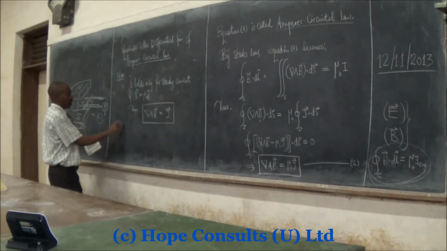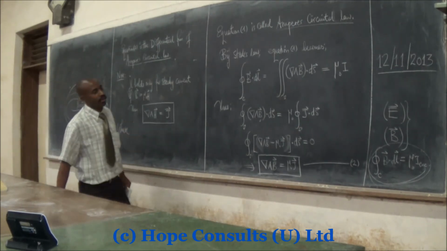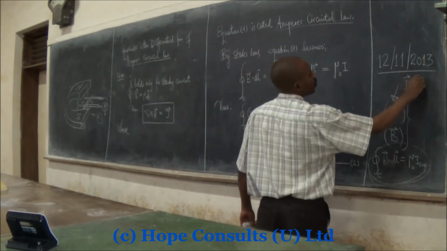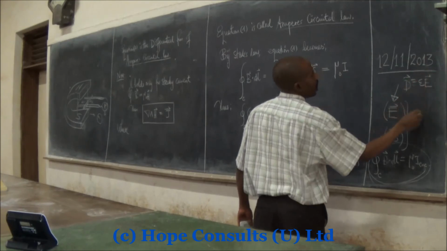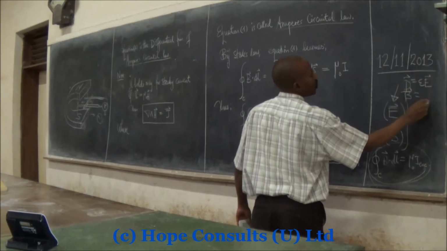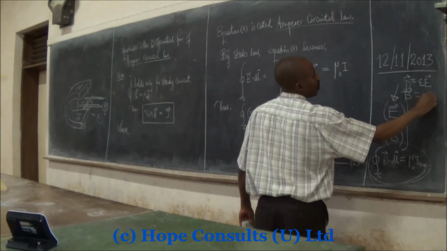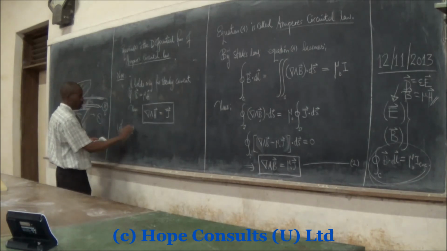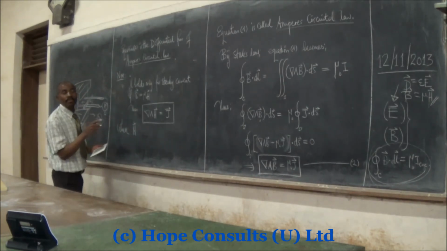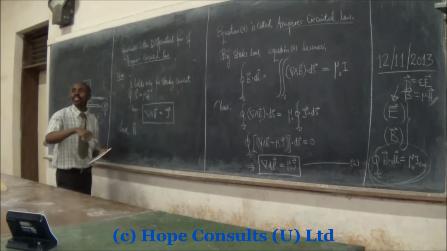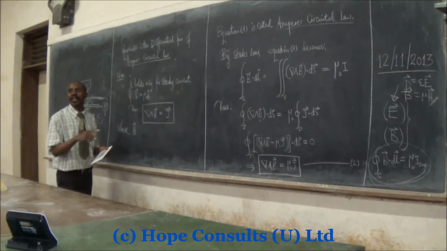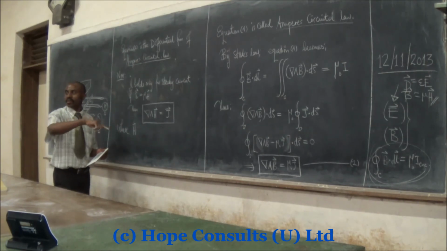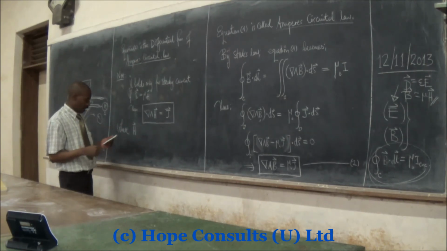Where H is the equivalent of this quantity here. Just like we say D is equal to epsilon E, we say B is equal to mu H. H has the same name as the electric one: you just say magnetic field intensity, whereas the other one was electric field intensity.